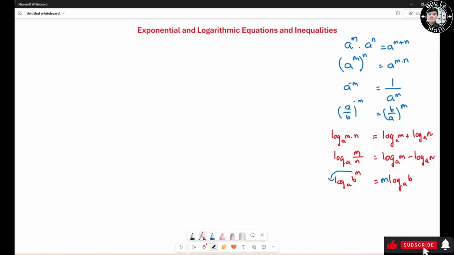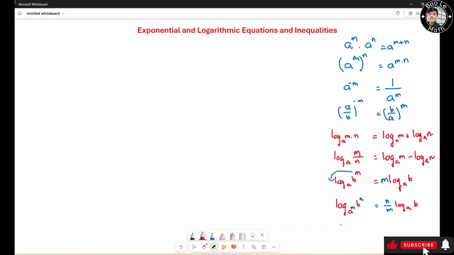Now if you have log base a to the power m of b to the power n, this turns out to be n over m log base a of b.